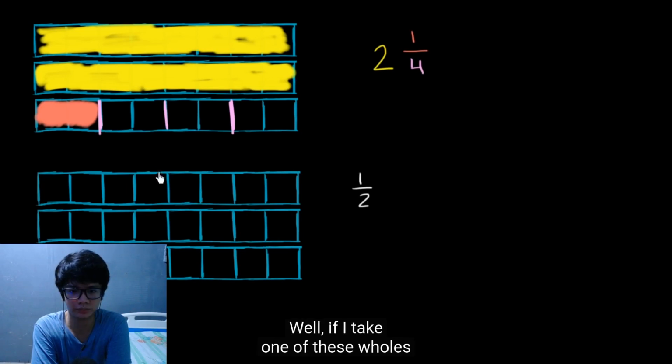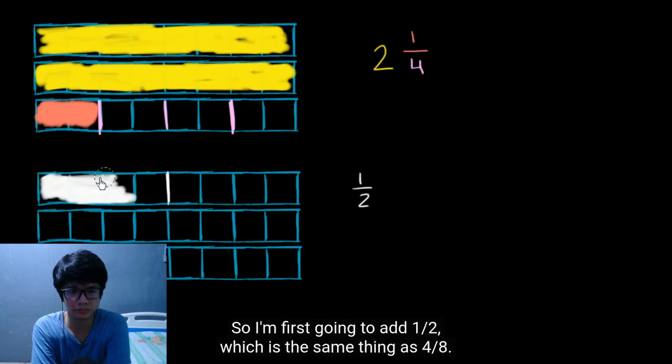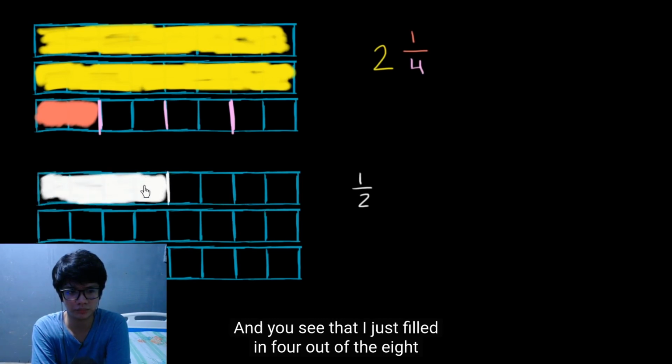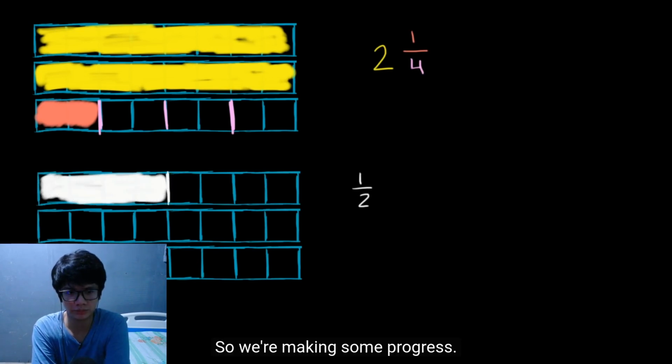Well, if I take one of these wholes and I put it into 2 sections right over here, a half would be this section right over there. So let me color that in. So we have a half. So I'm first going to add a half, which is the same thing as 4 eighths. And you see that I just filled in 4 out of the 8 sections, which is exactly half of this first whole. So we're making some progress.